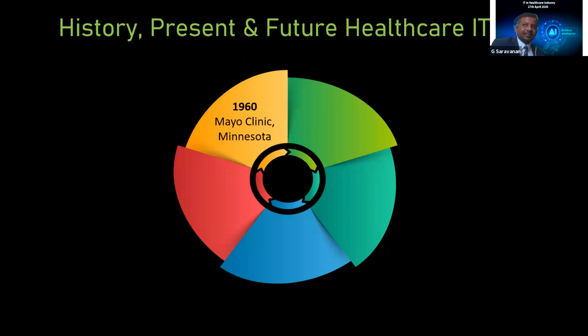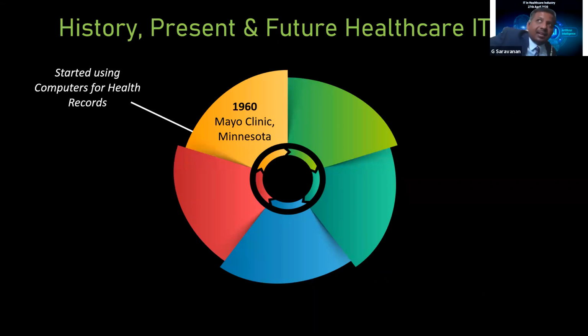The earliest history of any computer usage for medical records is in the 1960s out of Mayo Clinic, all right? I think many of you will know Mayo Clinic. They are quite famous both for their healthcare practices as well as their healthcare IT practices.